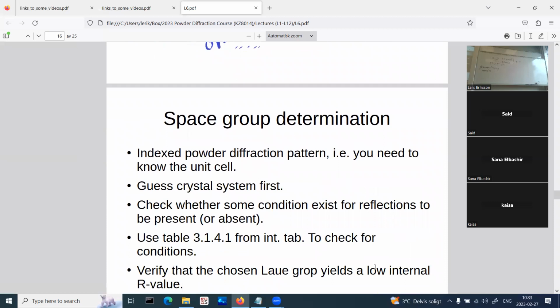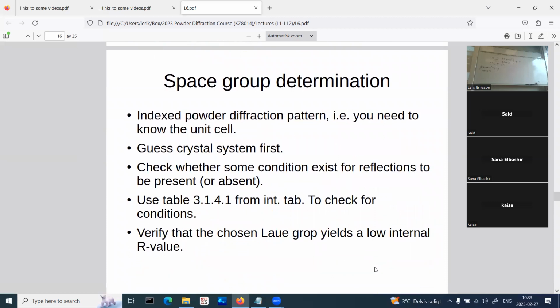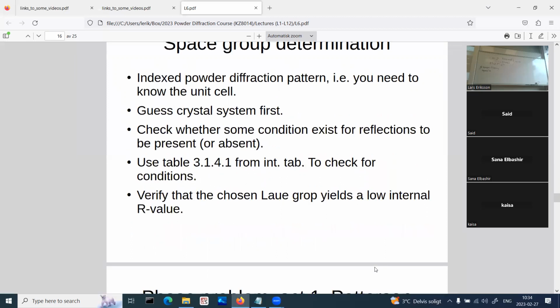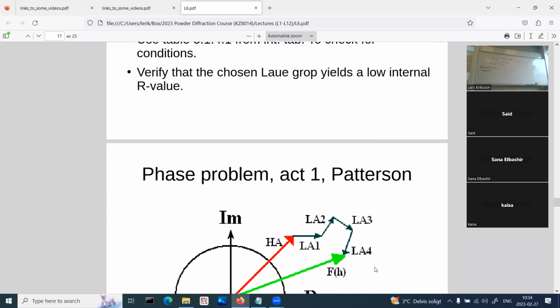And we have been testing this space group determination for powder diffraction. But when we know that, we can perhaps guess and find clues.